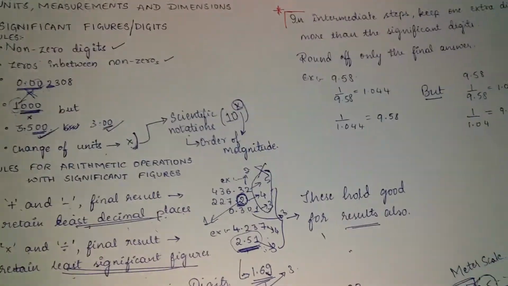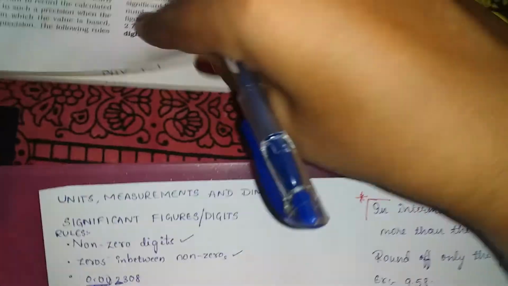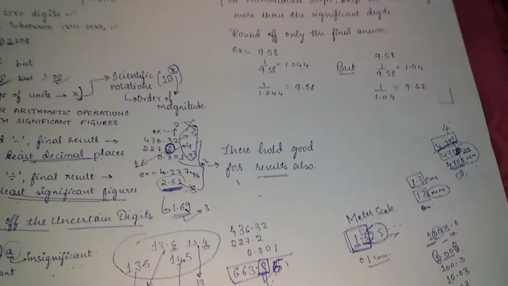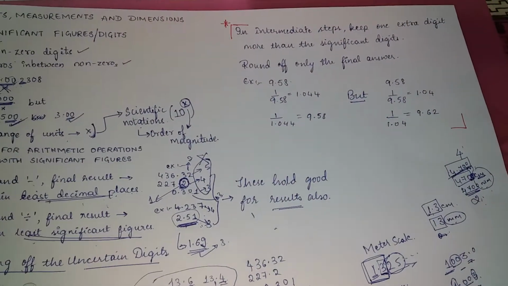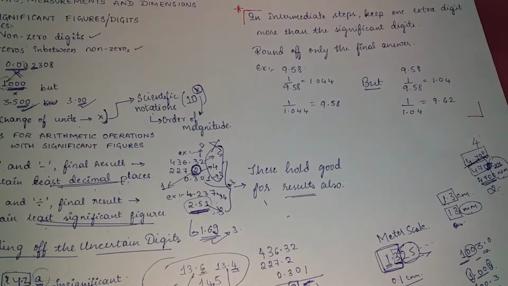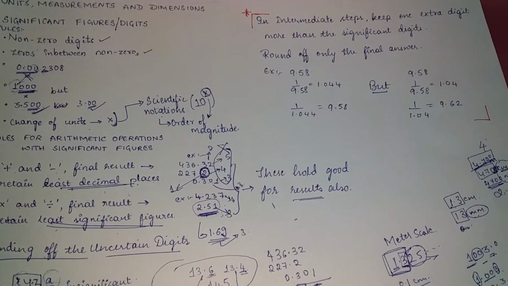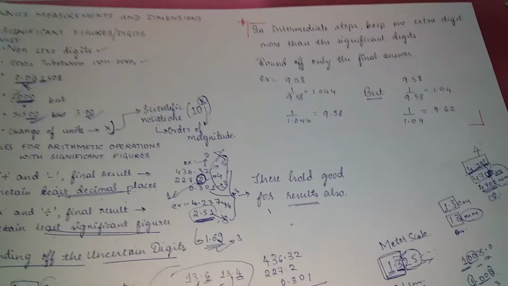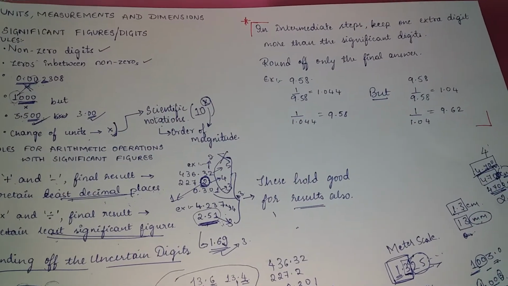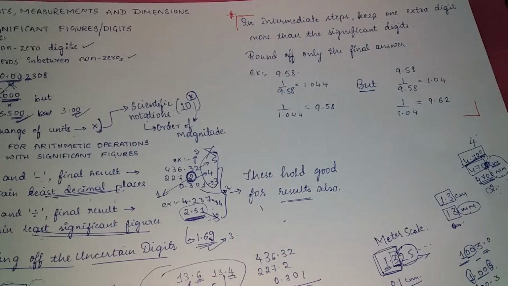Now there is one important statement the NCERT has: intermediate steps. The intermediate result in a multi-step computation should be calculated to one more significant figure in every measurement than the number of digits in the least precise measurement.